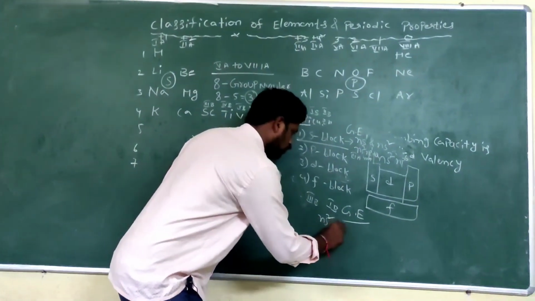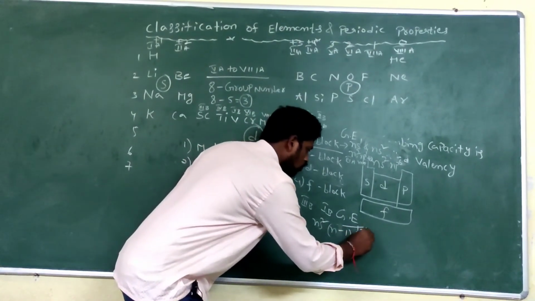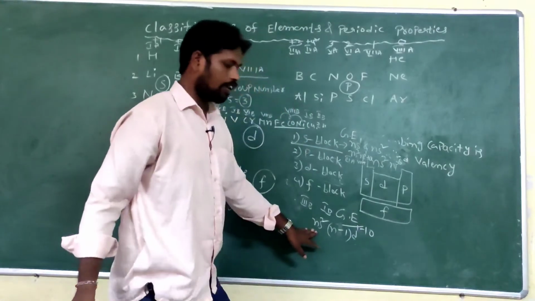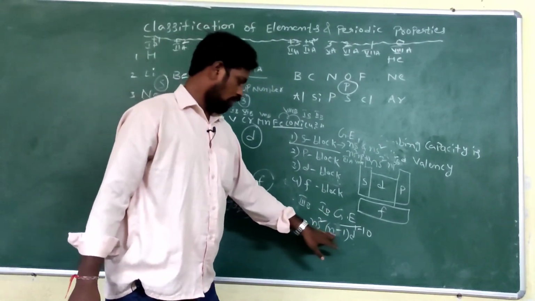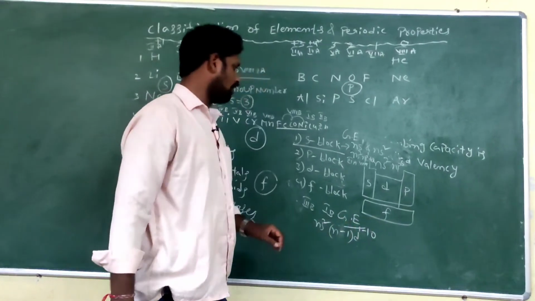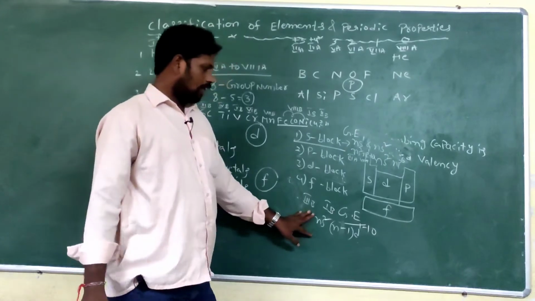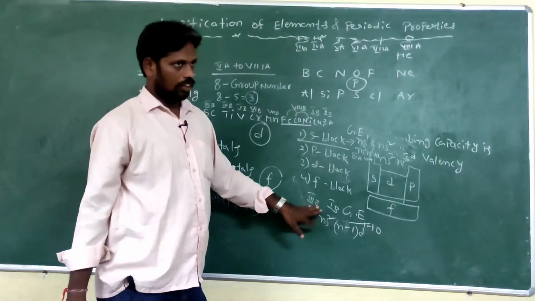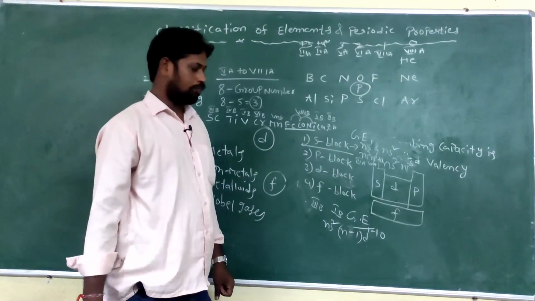The general electronic configuration is ns2 (n-1)d1 to 10. These D block elements include metals, non-metals, and metalloids also.